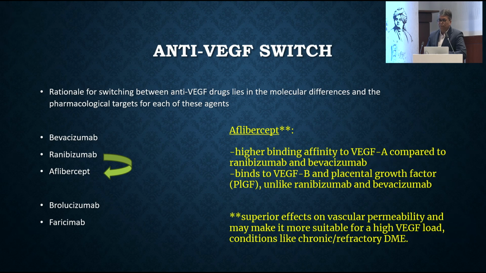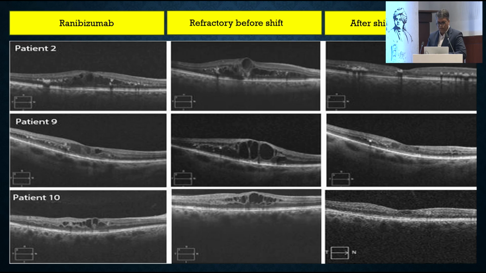If my aflibercept patients stop responding, then I shift to either brolucizumab or faricimab of late. These are a few patients who started with ranibizumab and landed up refractory before shifting to aflibercept, and a few of them responded nicely, as you can see on the right side.